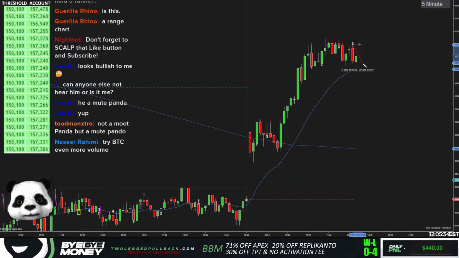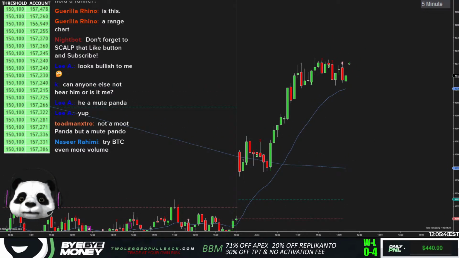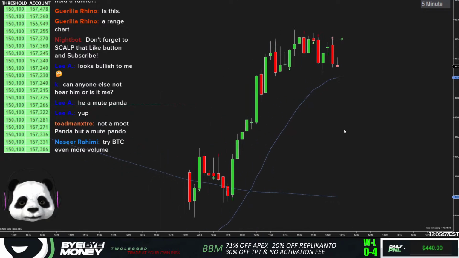One candle is $28. What? 285 points. What? I guess it's a micro, so you've got to trade 10 times as much on the micros here.